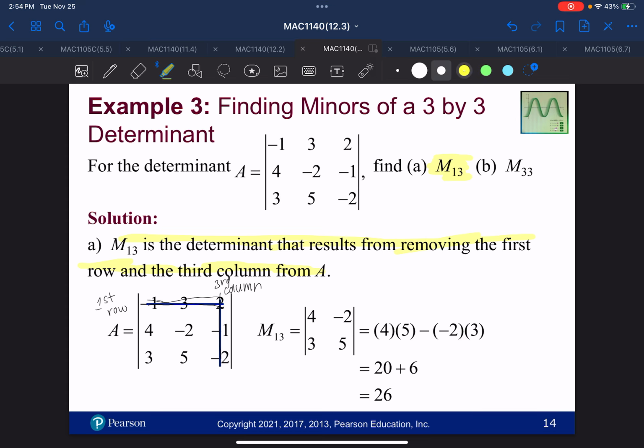And so that leaves me with this matrix here. And this notation tells me to find the determinant of that. So then I find the determinant of that, and that is equal to 26.